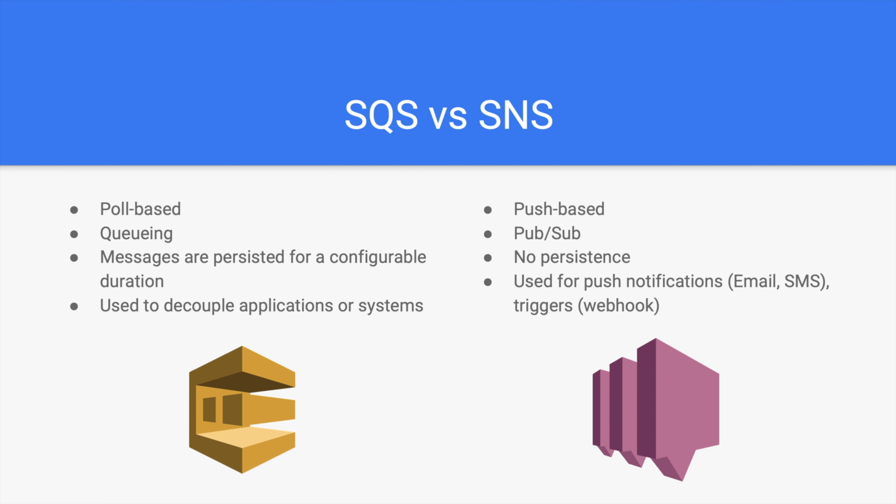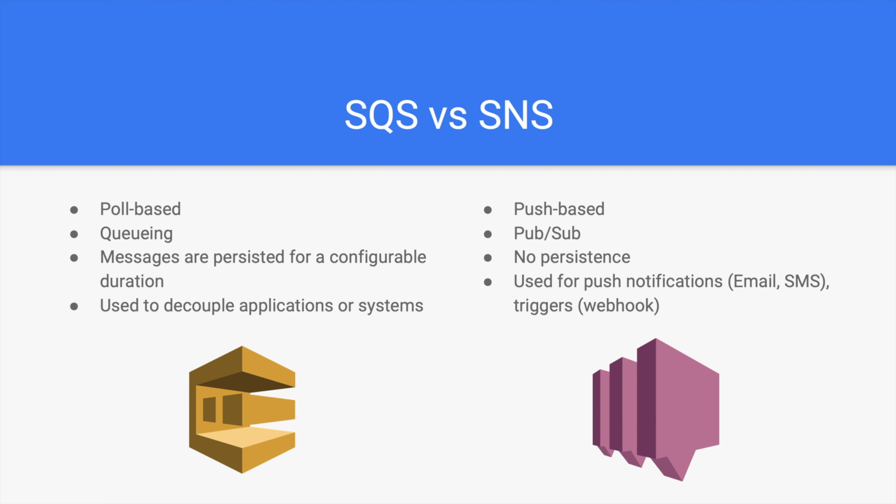The messages in SQS are persisted in the queue for a configurable amount of time, while there is no persistence in SNS. Again, if there are no subscribers subscribed to an SNS topic, the messages that are published there are lost. You would normally use SQS to decouple or integrate two different applications which may or may not be from different systems or domains.